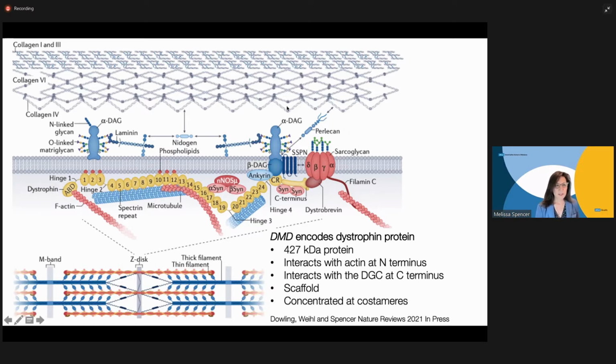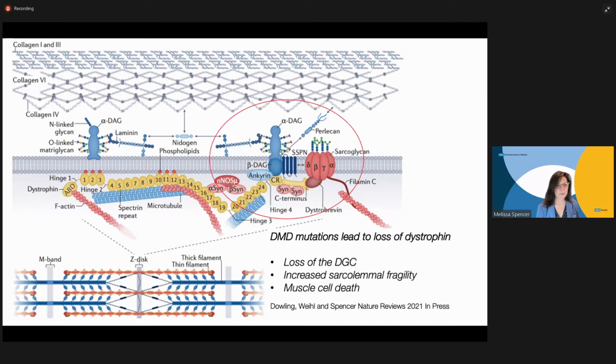It also interacts with the dystrophin glycoprotein complex. So dystrophin is a scaffold for many different proteins. It also interacts with microtubules, actin and intermediate filaments. So it's a very important protein that is concentrated at costameres.